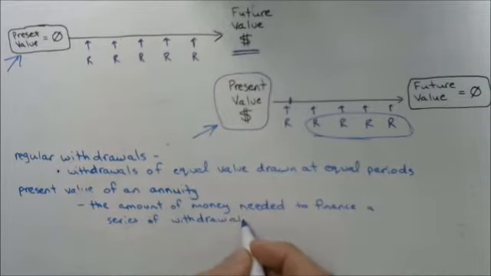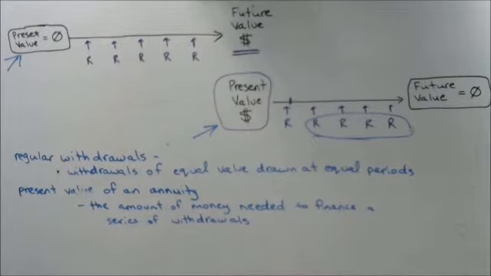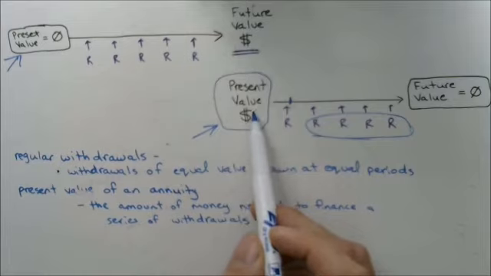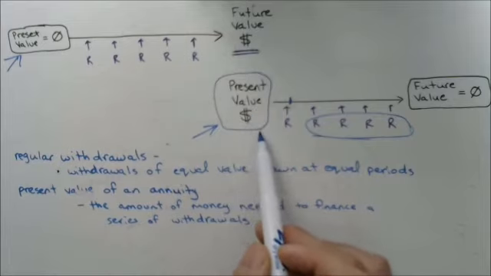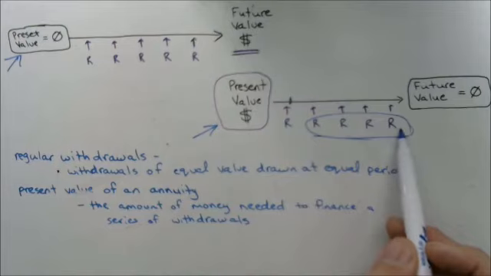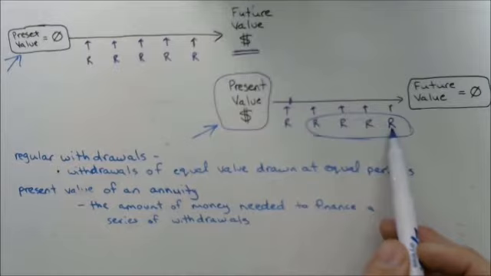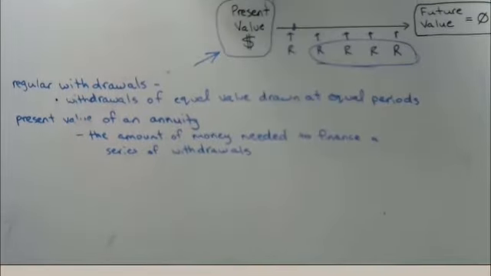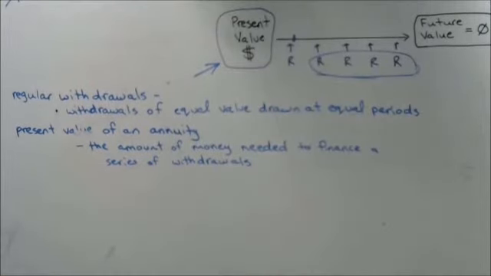The amount of money needed to finance a series of withdrawals. That means how much money do I need to have? What's the present value in my savings account before I can safely withdraw my own regular payments to myself until a certain date or until my death, however you work that out if you're talking about the example of retirement. So how do I do that? How do I ensure that I'm going to have enough money in the account to finance all of these regular withdrawals?